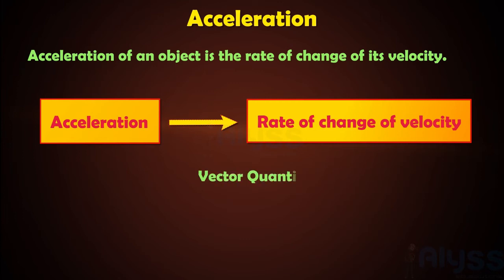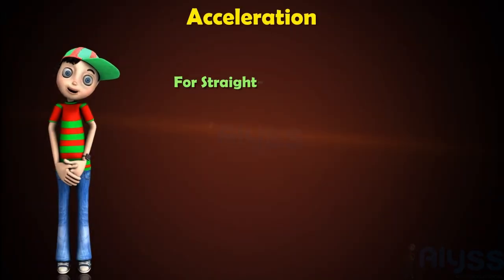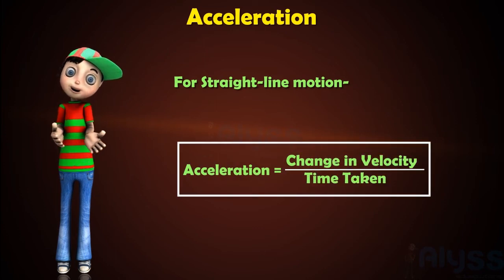It is a vector quantity, that means acceleration also has magnitude and direction both. For straight line motion, the mathematical formula of acceleration is the rate of change of velocity.